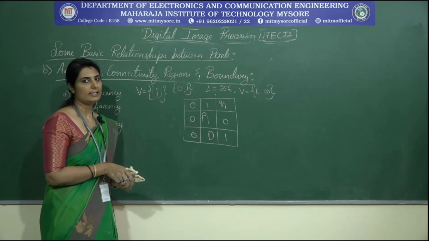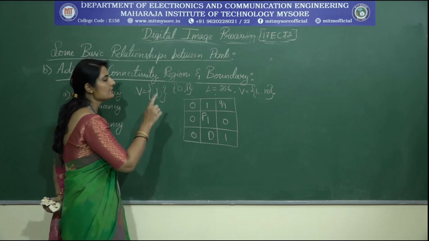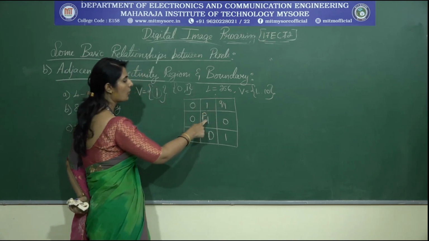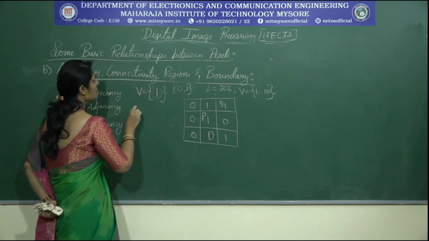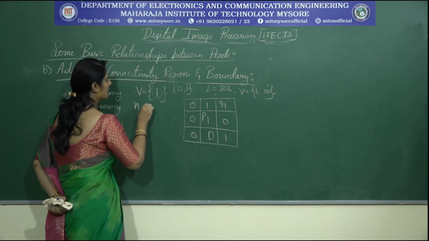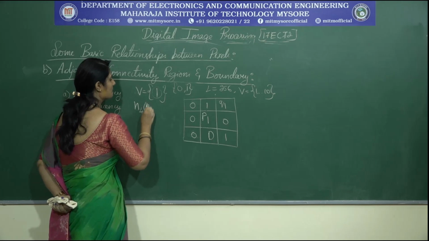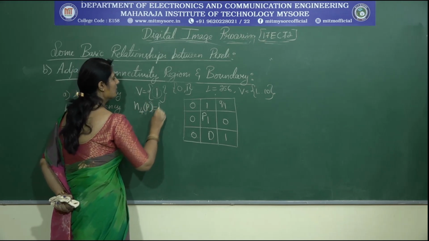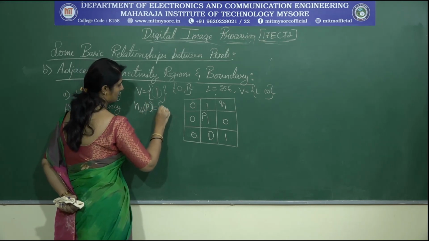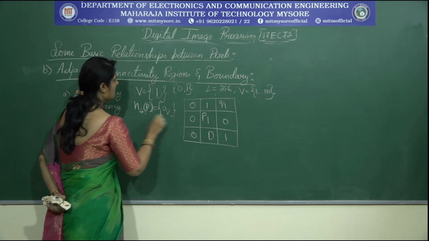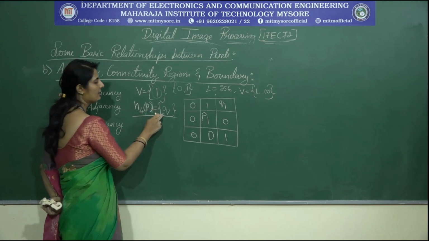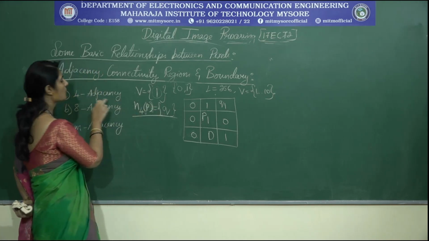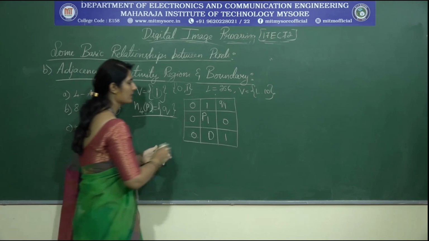Next condition is that in order to say that this pixel Q is 4 adjacent to P, then this Q should be in the set of 4 neighbor of P, okay. So, if this Q is in the set of 4 neighbor of P, then we say that Q is 4 adjacent to P.